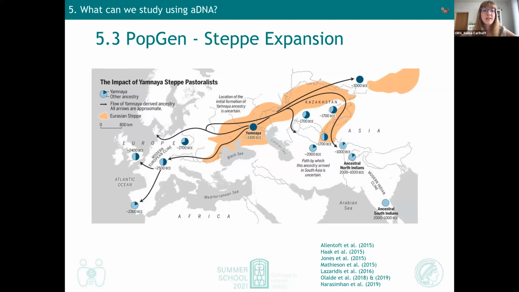And this expansion has been hypothesized to be related to the spread of Indo-European languages as well. So it really massively impacted the Bronze Age of all of Eurasia, or the majority of Eurasia, and really can be traced into the present for many groups.